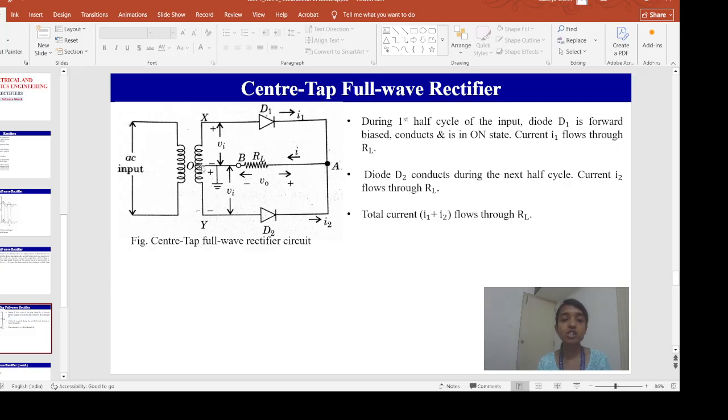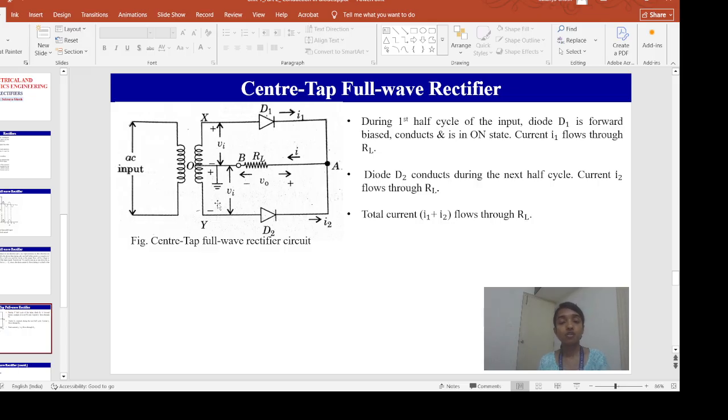In this center tap full wave rectifier circuit, you can see that on the secondary side, the center of the secondary is tapped. That means if there are a total of 100 turns in the secondary, 50 turns will be in the upper half of the transformer secondary and 50 turns in the bottom half.